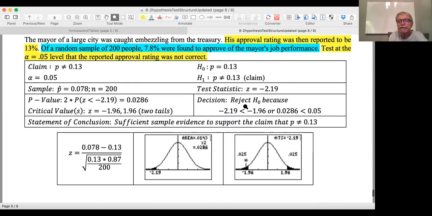And finally, this one, the claim did not include equality, and we're rejecting. So we would say that there is sufficient evidence to support the claim that P not equal 0.13. We repeat the claim down here.